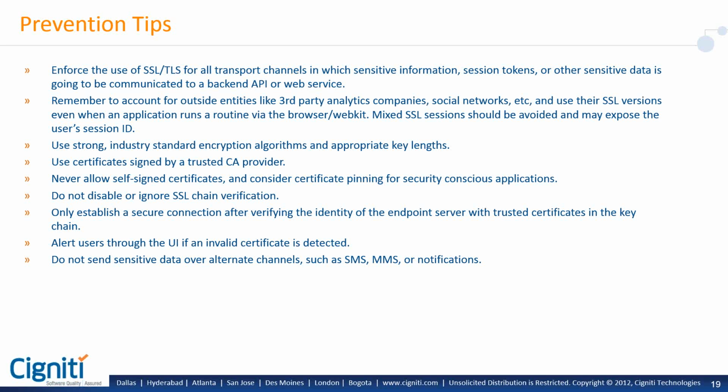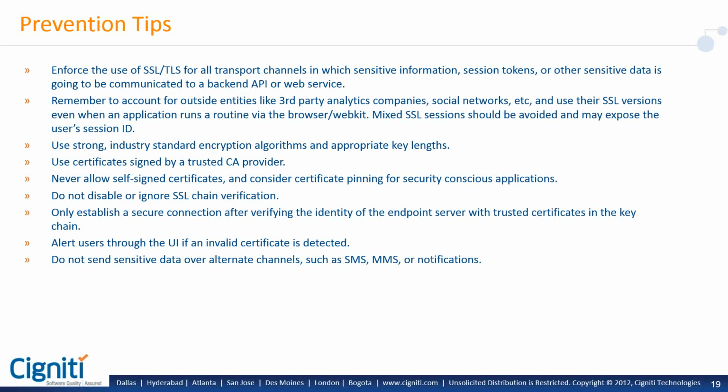So moving on to the prevention tips, as I said, we need to enforce SSL and TLS at all transport layers, all transport channels. Everything should go through a secure channel, and any third-party companies should also be using an SSL session, so that the user session ID is not exposed at any point of time.